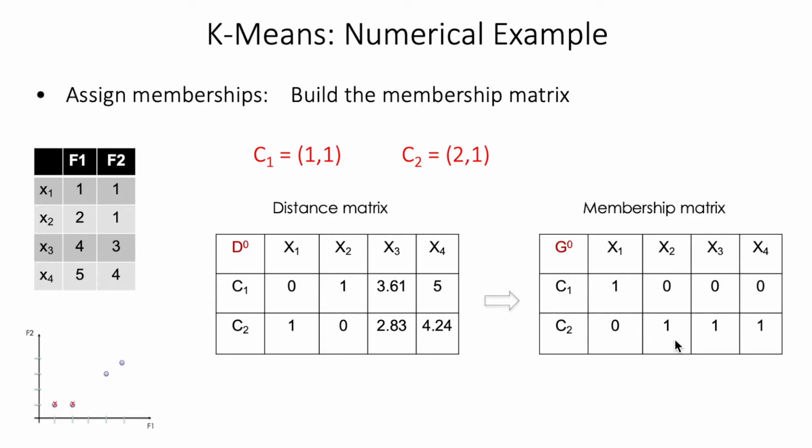Now, for x3, same thing. x3 is closer to c2 because its distance to c2 is smaller than the distance to c1, meaning that x3 belongs to the cluster represented by c2, and we put a 1 in the second row. And the same for x4. x4 is closer to c2, so it belongs to the cluster represented by c2. So this is our binary membership matrix called G0.